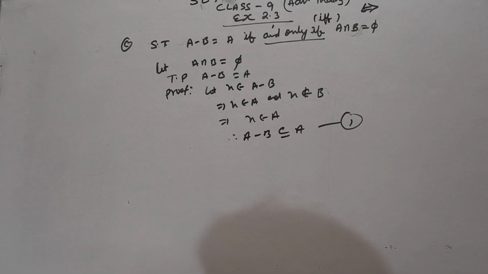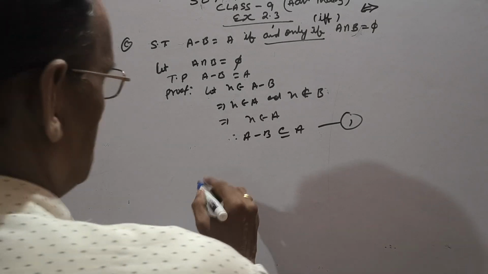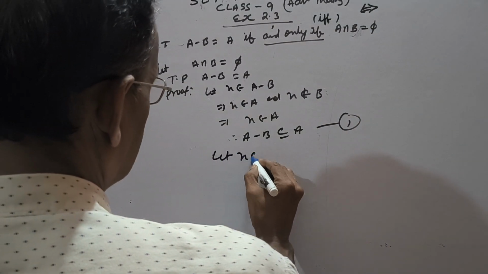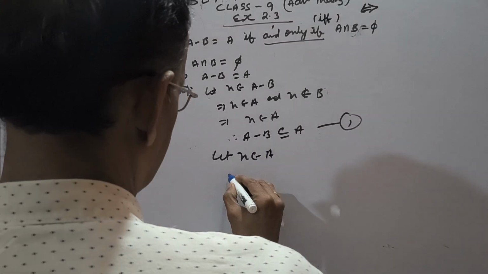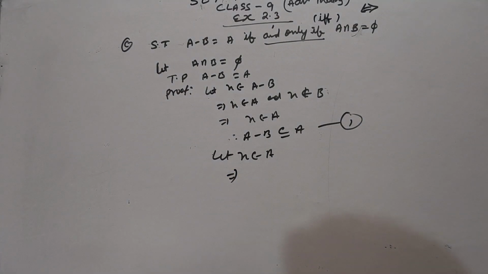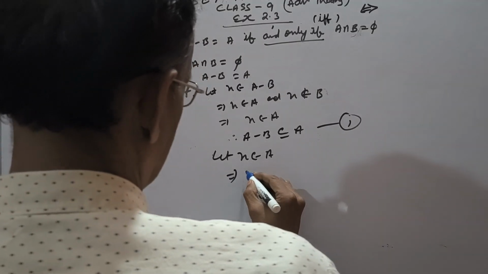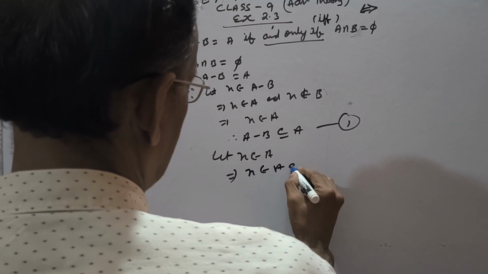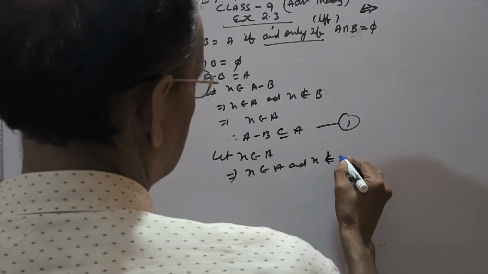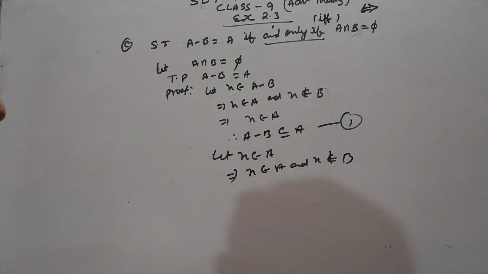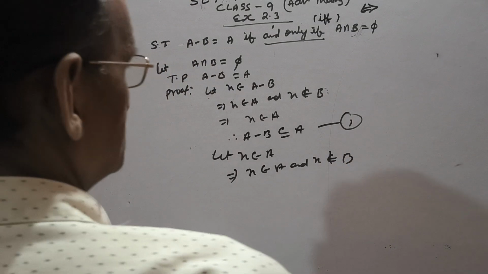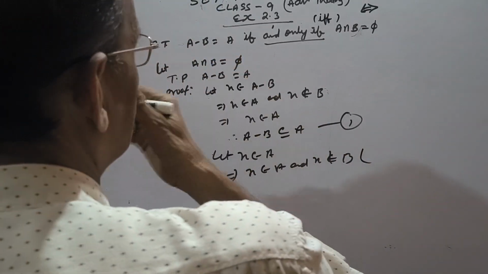Now let x belongs to A, implies x belongs to A and x does not belong to B. Can you say the result? Because what is the given condition?